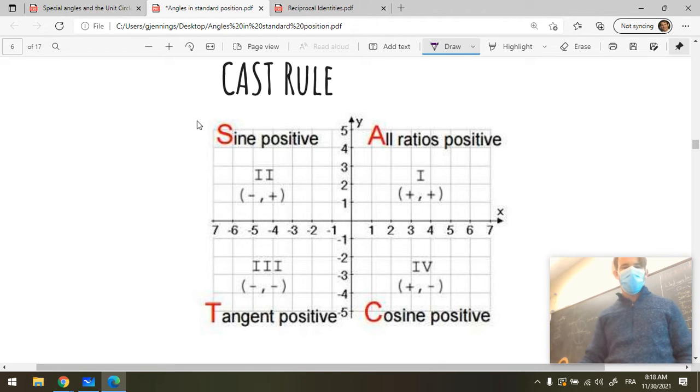So if you can remember cast, C-A-S-T, starting from the fourth quadrant for some reason and going counterclockwise, in the first quadrant, all of our trigonometric ratios are positive. So sine and cosine of any angle that's in here will all be between 0 and 1. Tangent will have values that are between 0 and infinity in this area here.